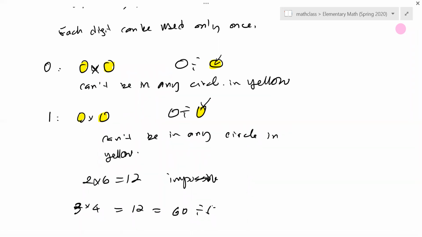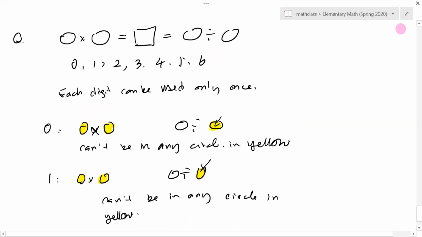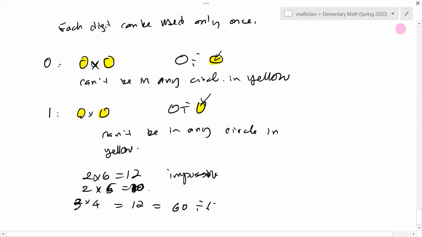Then for example, 2 times 5, you can try this. 2 times 5 equals 10. Then you already figured out the first part, right? The remaining is impossible because this is 10, and I don't think any digits can work, since you already used 5, 2, and 10.